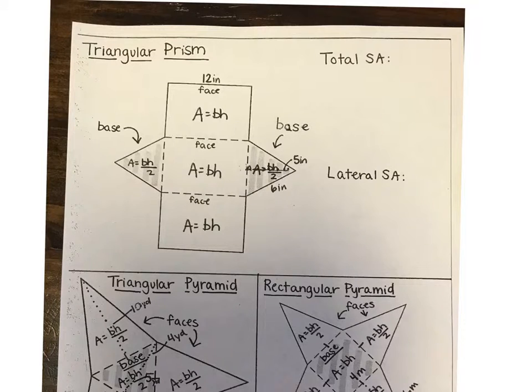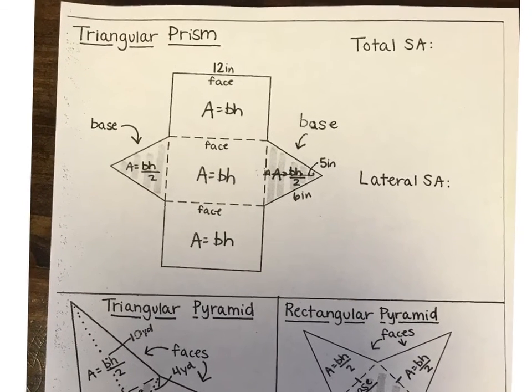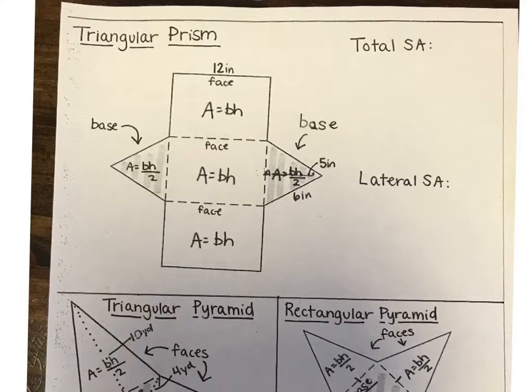We have to designate between what is a base and what is not. Most of the time they're going to define a base with shading or something, or they're going to say this is the base. On a triangular prism, your base is always the triangles. So your base is this right here. Okay, so these are your bases.